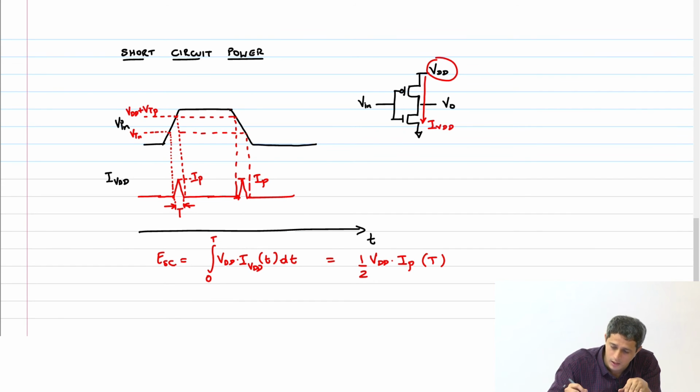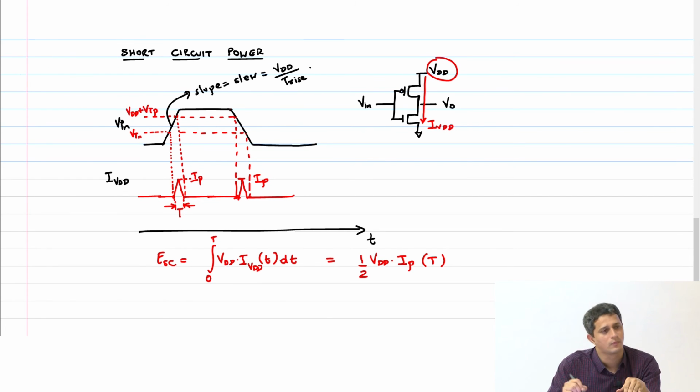Let's assume that this slope, or it's also called slew, is VDD by T rise, and this slope is VDD by T fall. So let's assume T rise equal to T fall. So can you tell me what the answer is for the short circuit power? I mean energy. Yeah?